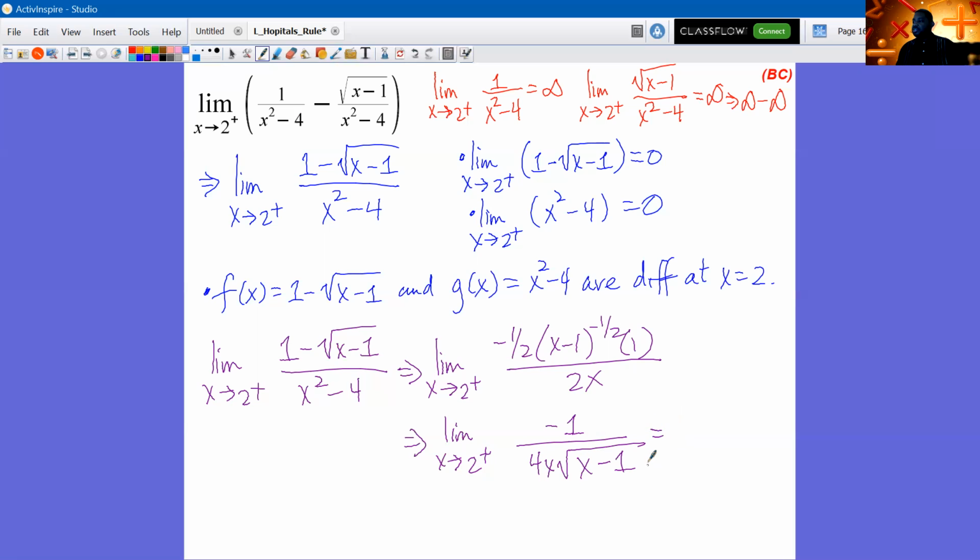And once I substitute my 2 in here, I'm going to get a limit of negative 1/8. That will be my limit. So again, the indeterminate form, the rewrite, another indeterminate form. Talk about differentiability, use L'Hopital's rule. And then the direct substitution.